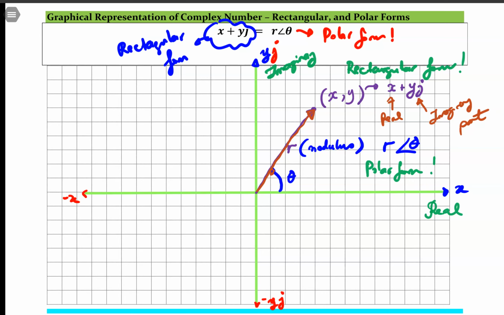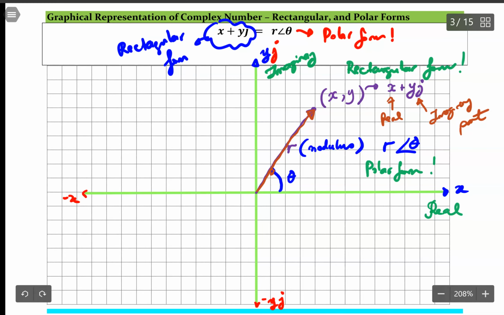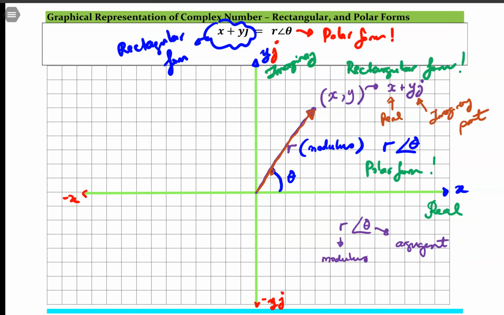So in polar form, I have r, the modulus, and theta, the argument. The argument in this case you can have in degrees.